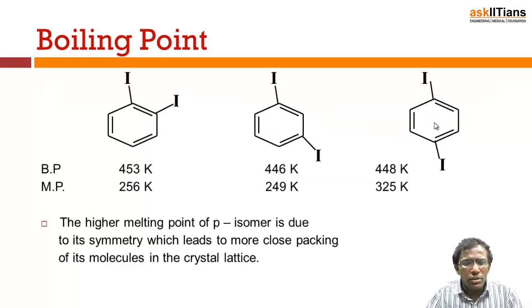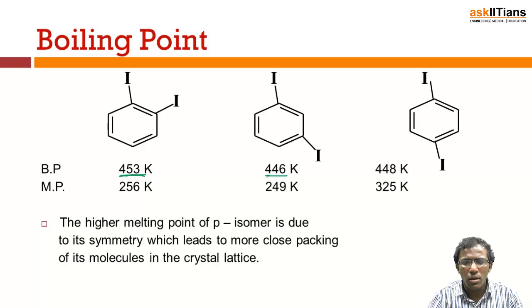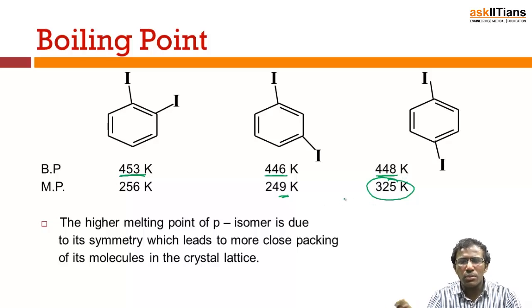The boiling points of these three are approximately the same, but if you see the melting points, the para one is higher, around 76 degrees more. The ortho and meta have only a difference of 7, but here the difference is 75. So what is the reason for that?